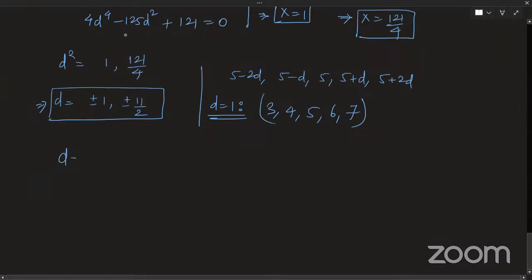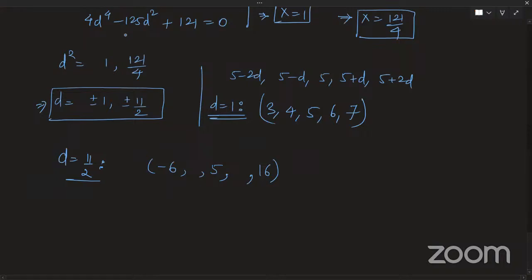So now I will put d as 11/2. What will happen if I put d as 11/2? Just check it. What will be my numbers? So 5 minus 11 is minus 6. 5, right? 5 plus 11 is how much? 16, right? 5 minus 11/2 is how much?